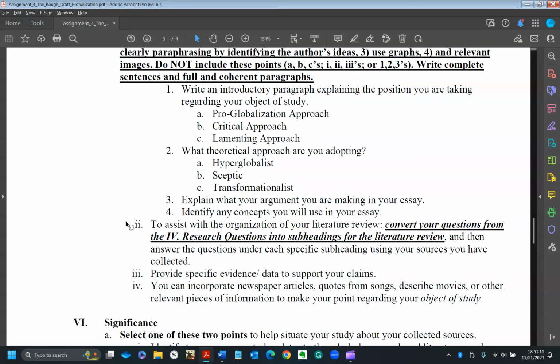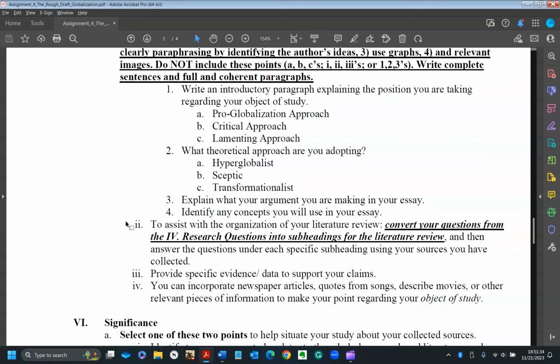Okay, so that's paramount when you're writing: visualizing what your reader is going to experience in relationship to your writing. Okay, and then lastly, you can incorporate newspaper articles, quotes from songs, described movie scenes, or other relevant pieces of information to make your point regarding your object of study.